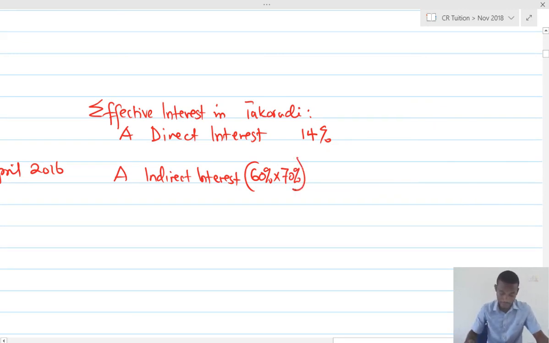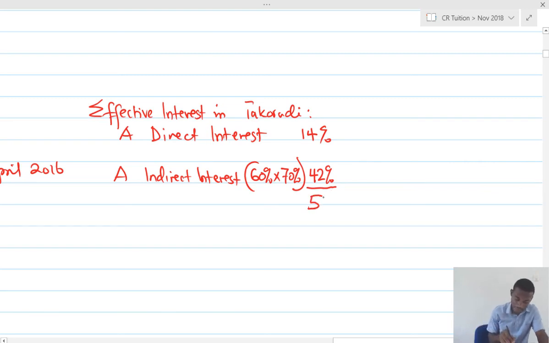So we have 60 times 70, that is 42%. Because divided by 100 will give us 42%. So effectively 14 plus 42, that is 56.